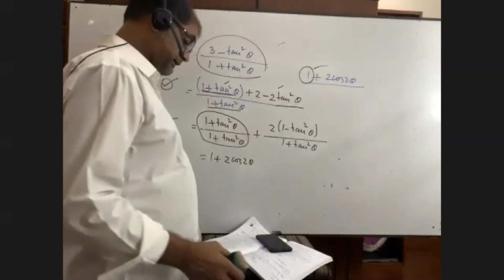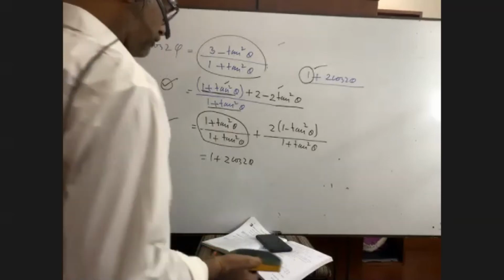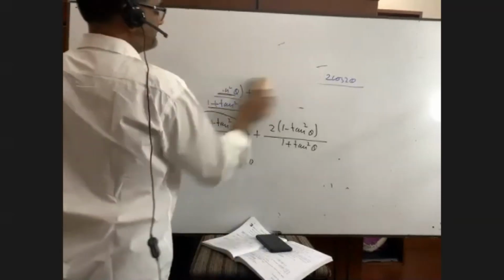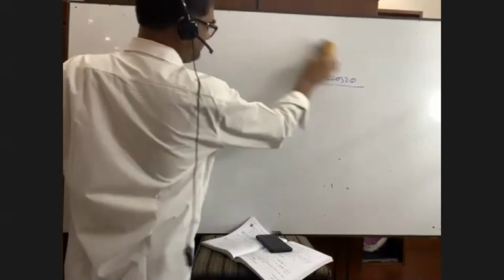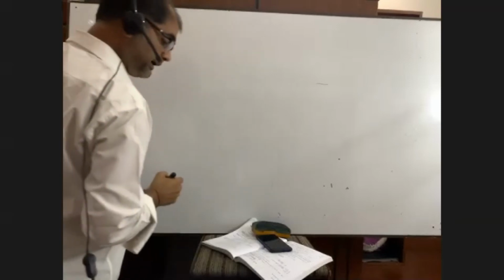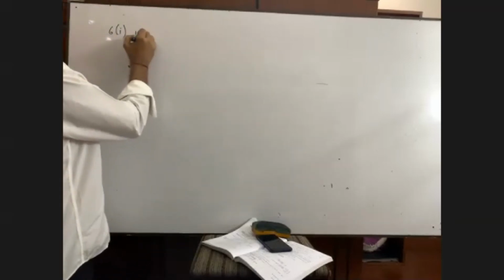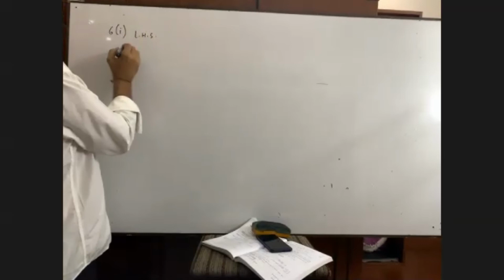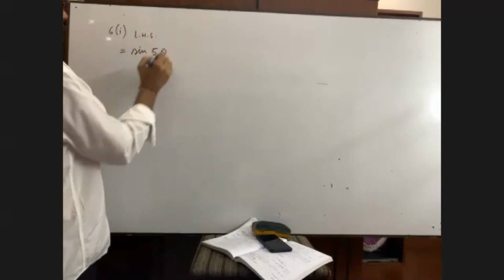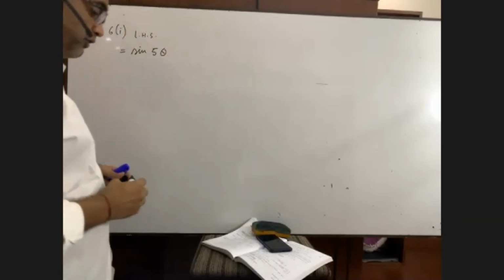That day, I left question number 6-1. Very easy and simple math. 6-1. Sine 5 theta, left hand side. Your right hand sides are all sine.